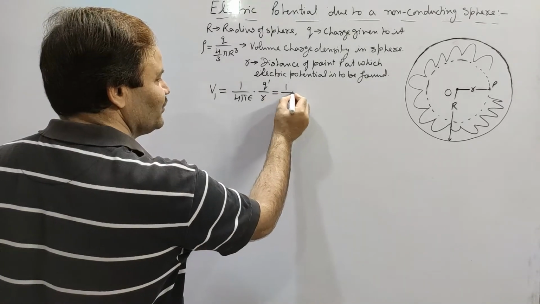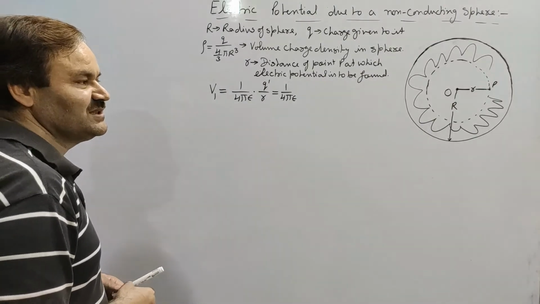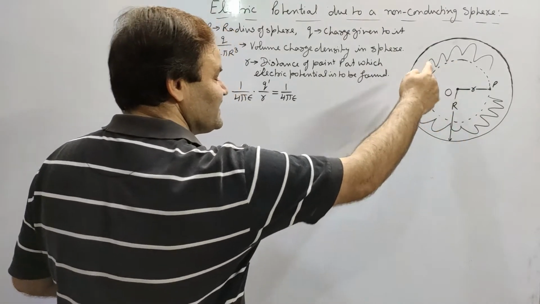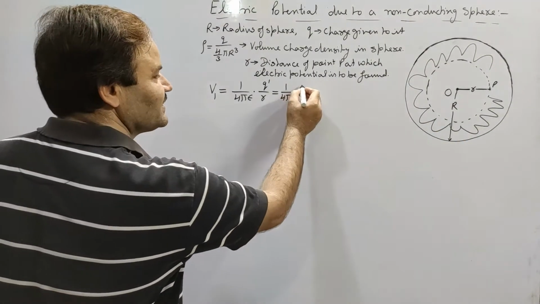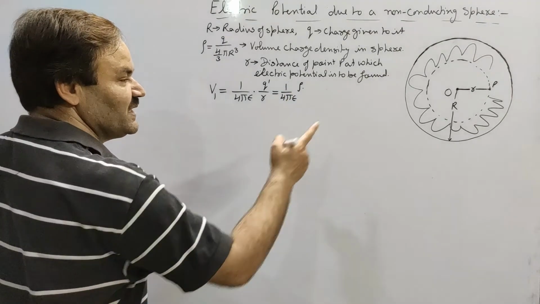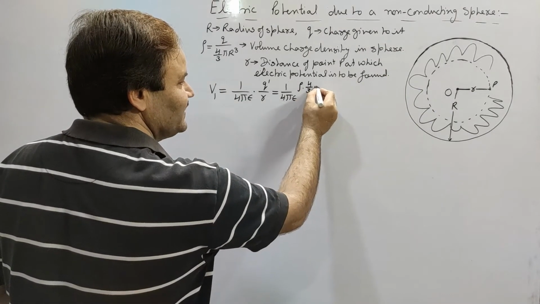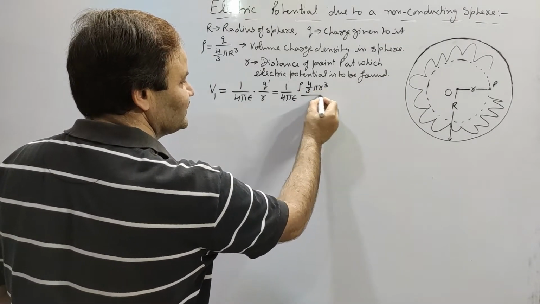This is equal to 1 over 4 pi epsilon, and Q dash means the charge possessed by this central region, that is volume charge density rho multiplied by the volume of this central region, and that volume will be 4 by 3 pi small r cube.